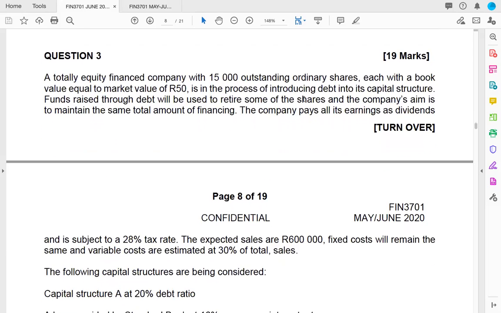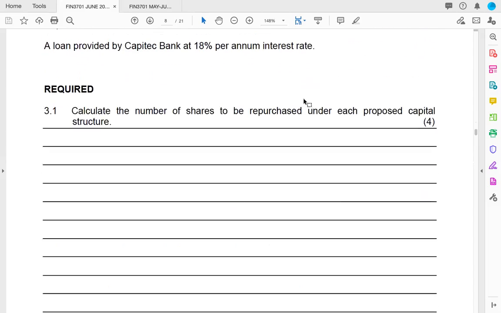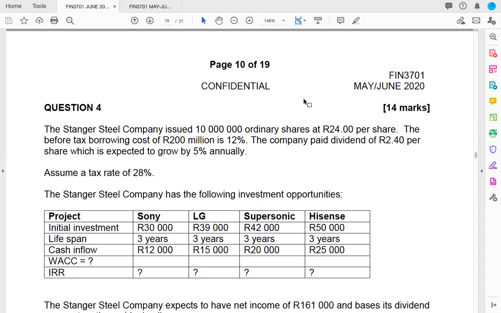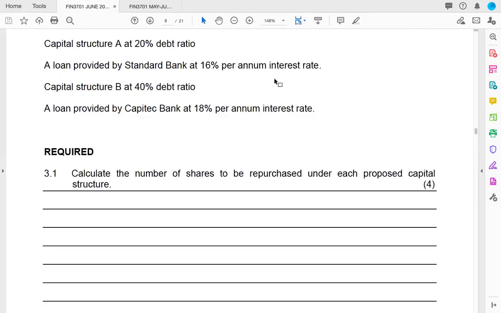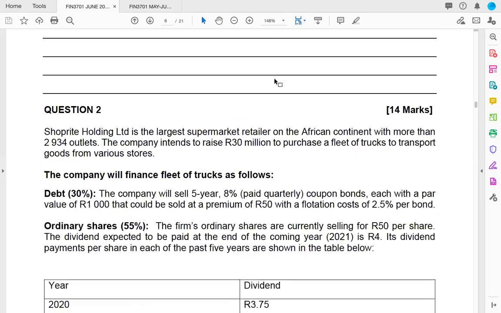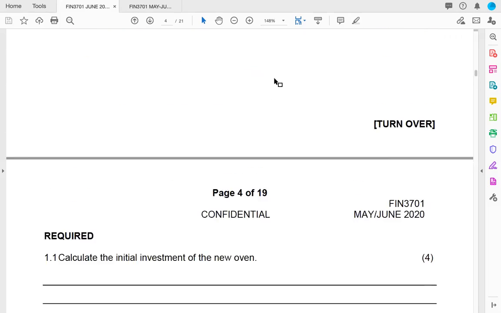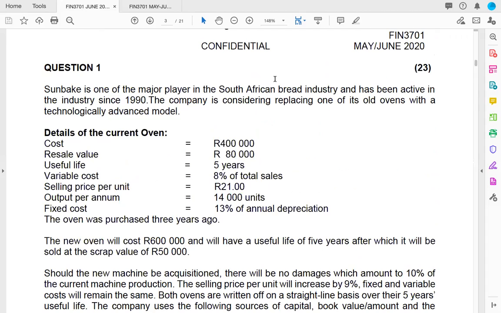The 19-mark question, 19 divided by 70 times 180, should be about 48 minutes as well. And then the final question, which is 14 marks divided by 70 times 180, should be 35 minutes. So you might even finish these questions earlier, but it's just a guide. And then you can write the number of minutes that you should spend on each question so that you do not run out of time.